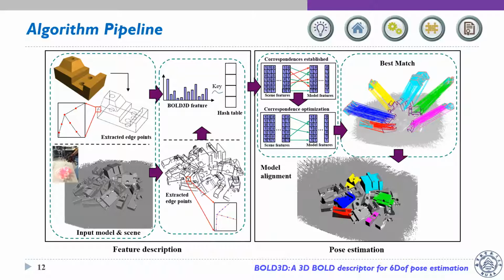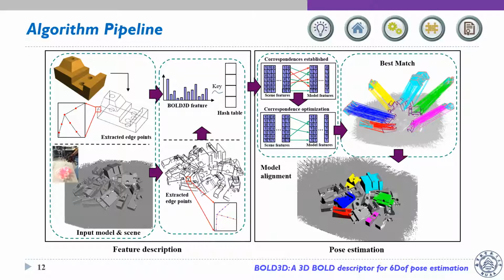During the online matching phase, the same edge point extraction and downsampling strategy as the offline stage is used. The input scenes are represented by a series of BOLD 3D features which are then utilized as a key to access the hash table.